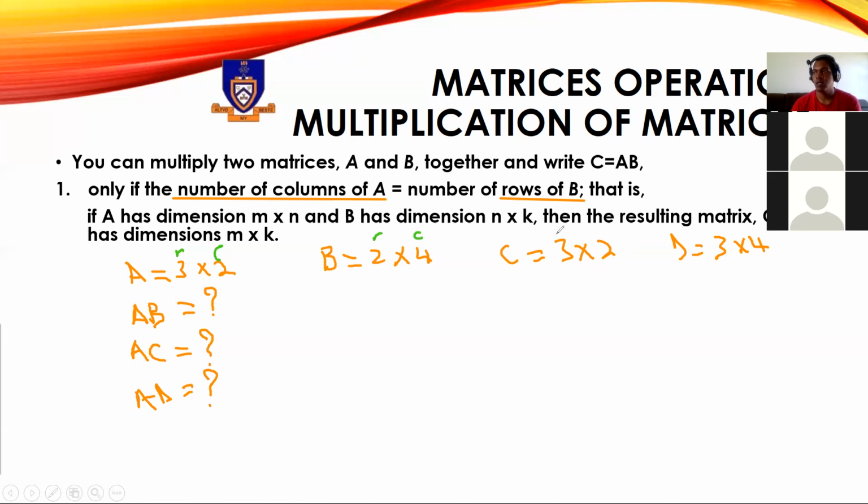For C, the 3 is the row, the 2 is the column, and for D, the 3 is the row, the 4 is the column. So the rule says the number of columns of the first matrix, which is A, must equal the number of rows of the second matrix. In this case, the second matrix is B.